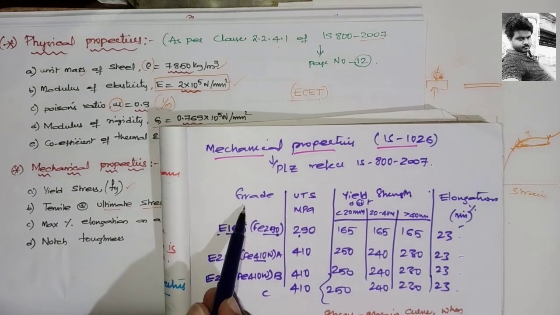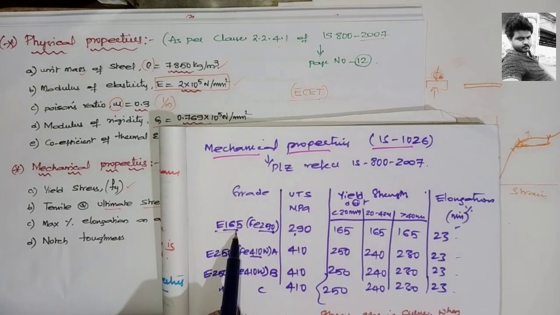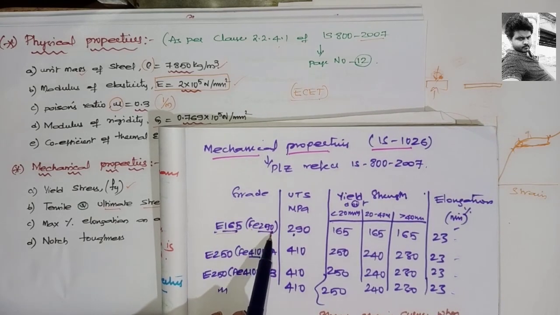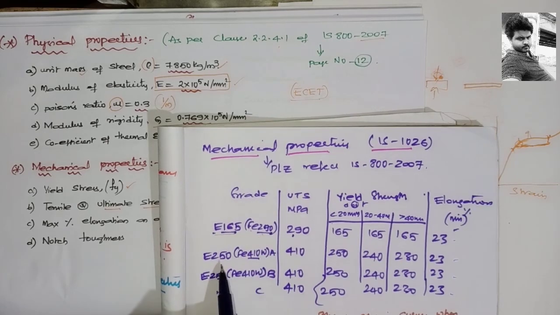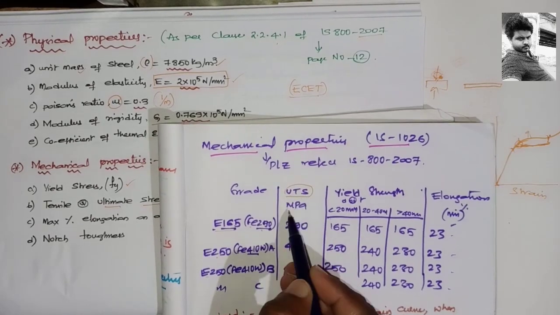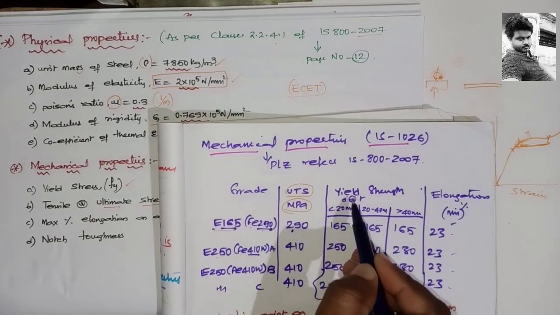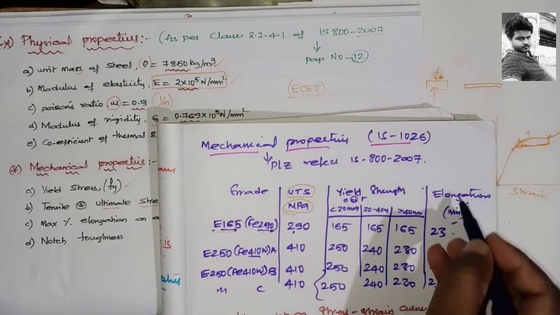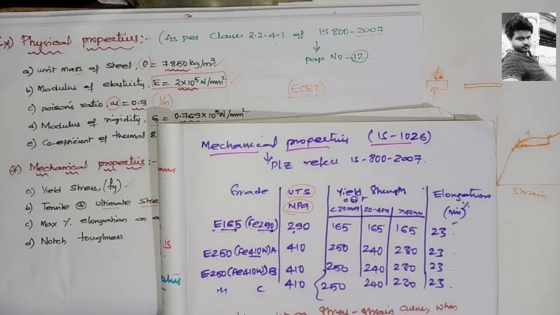The grades will be there, like E 250, E 290, and so on. You have the ultimate tensile strength in Newton per mm square or MPa, the yield strength, and the percentage of elongation. These values will be in Table number 1 of page number 13. Please refer to those values, which are very important.